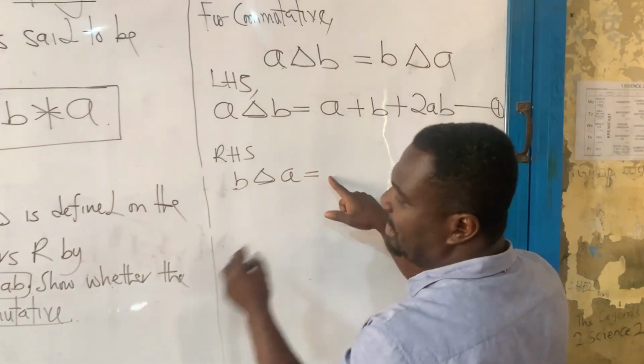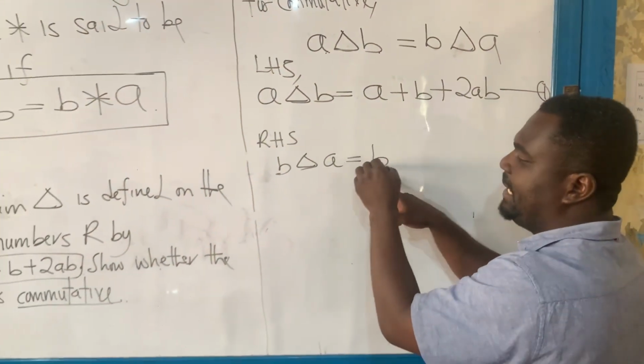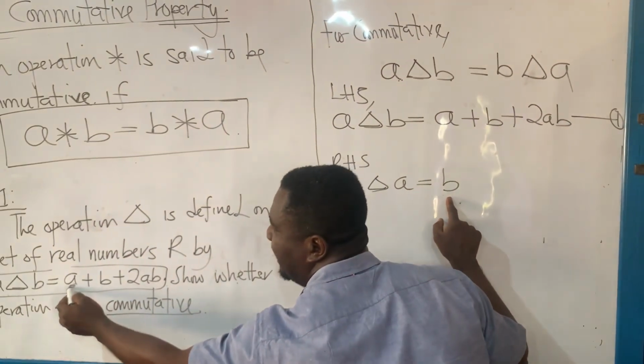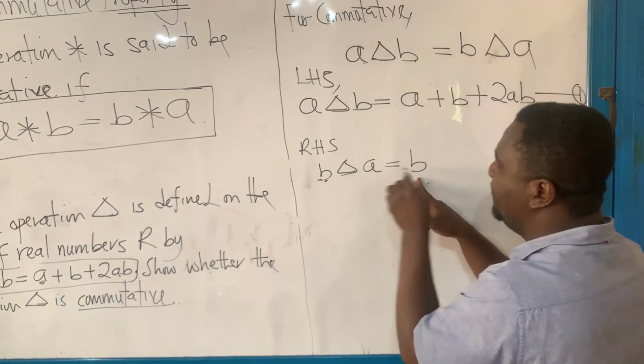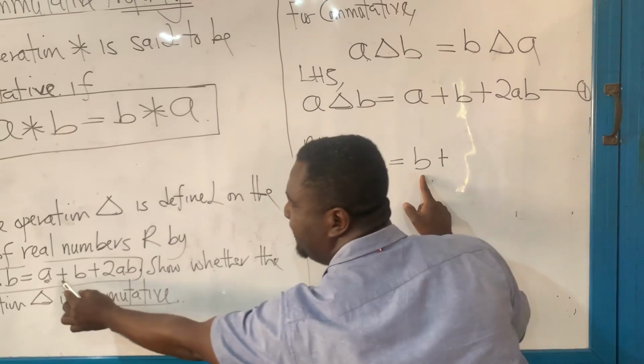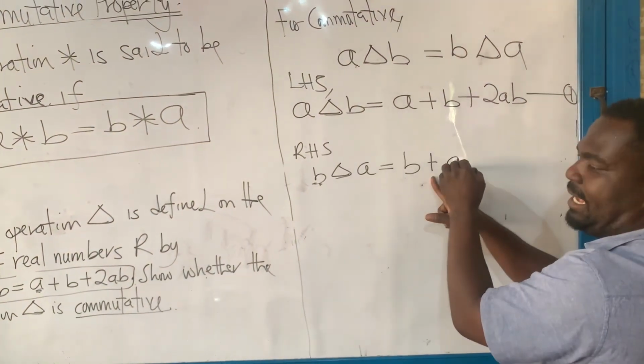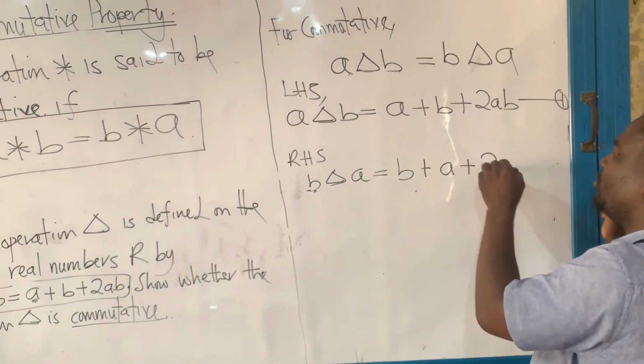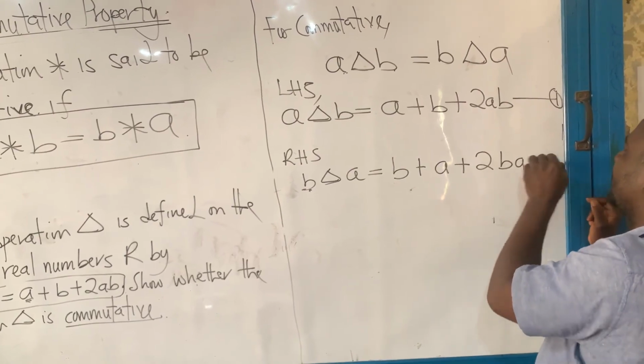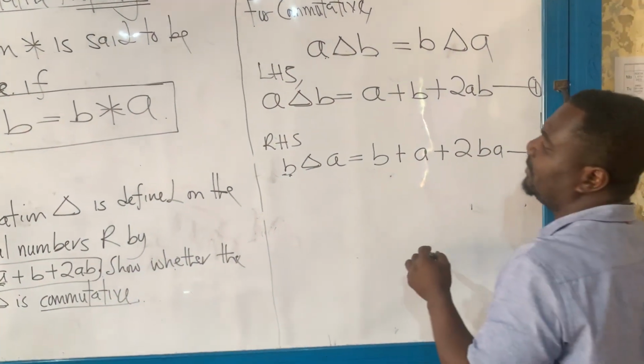What was A here is going to be B. So B plus A plus 2BA, equation 2.